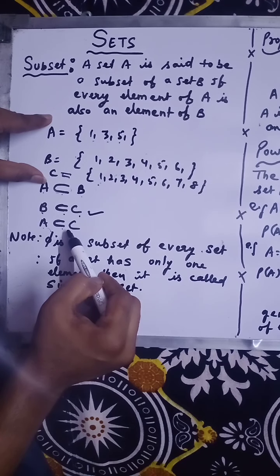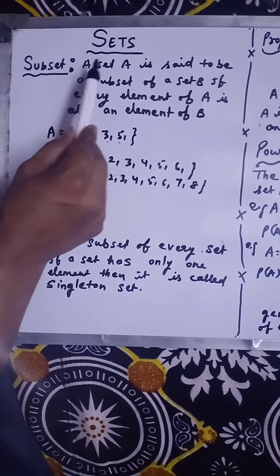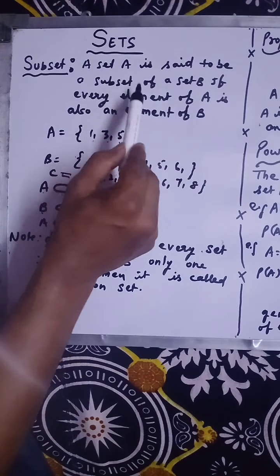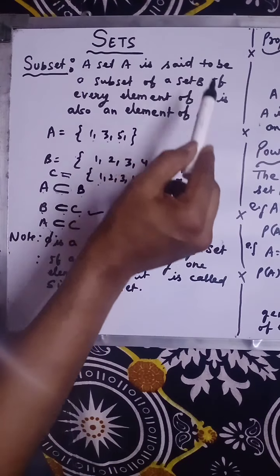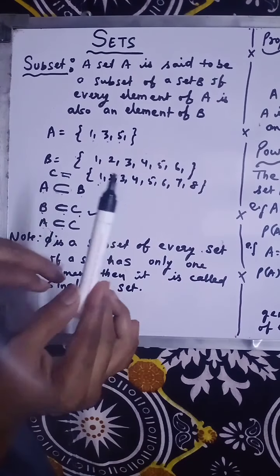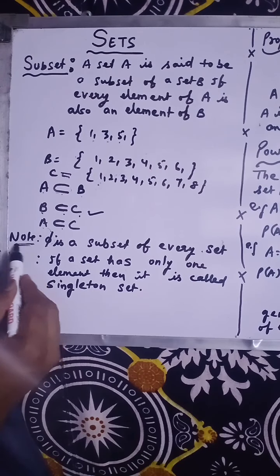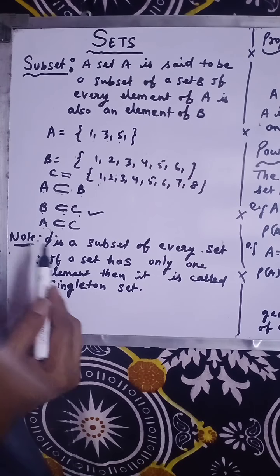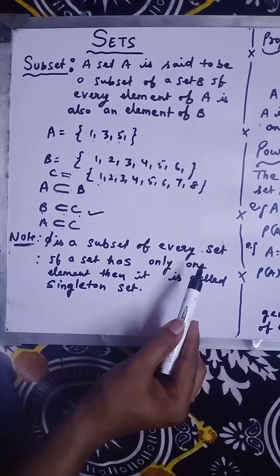Fine. So this is the definition of subset. A set A is said to be a subset of set B if every element of A is also an element of B. Is it clear? Now these are some notes which you have to learn. Important points. Phi is a subset of every set.